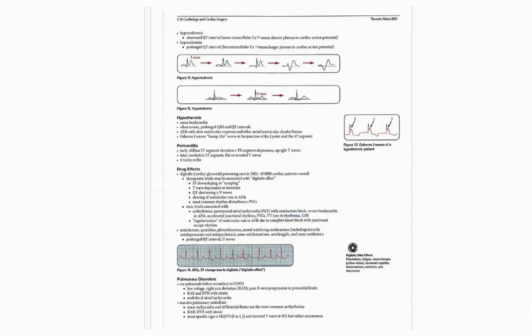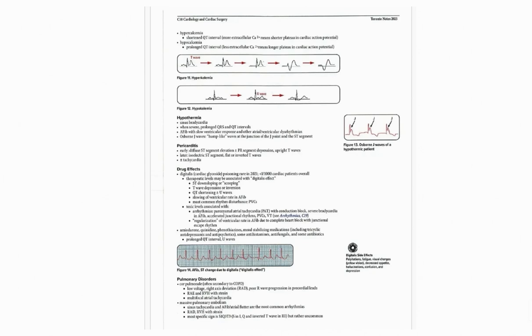Typical ECG findings include right axis deviation, poor R-wave progression across the precordial leads, right atrial enlargement, right ventricular hypertrophy with strain, and multifocal atrial tachycardia, which is commonly associated with COPD.